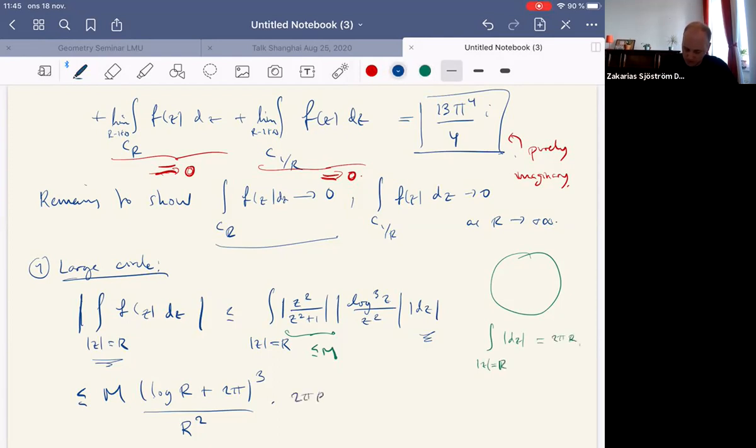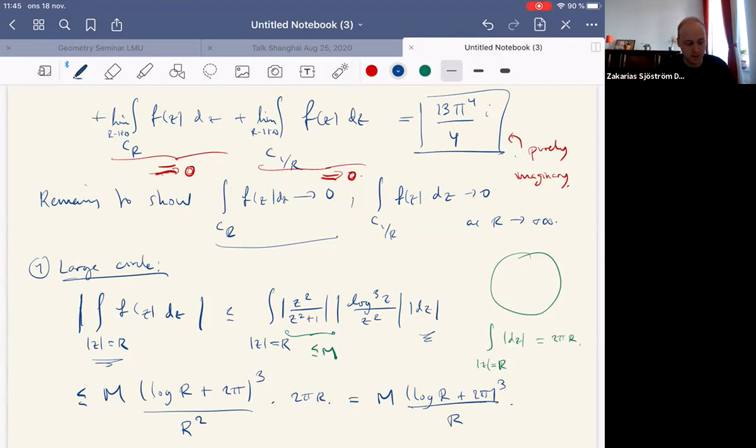So you get times 2 pi r here. And then this is equal to M times log r plus 2 pi cubed over r.